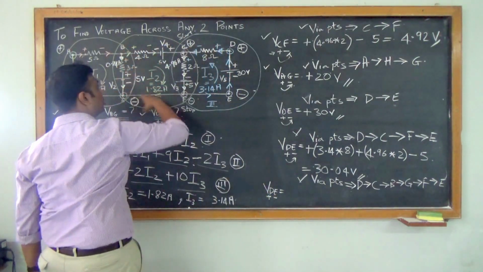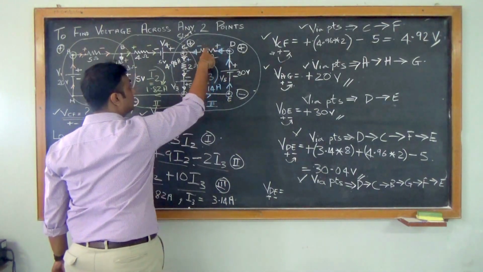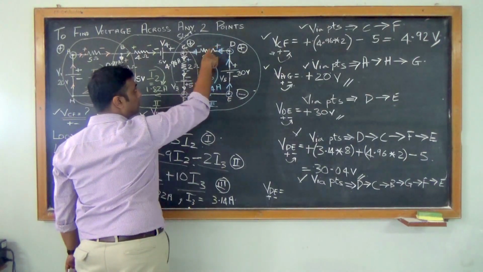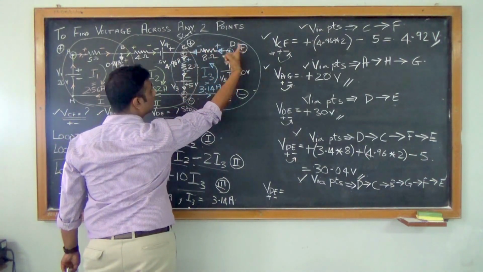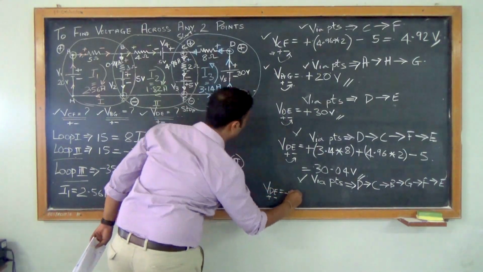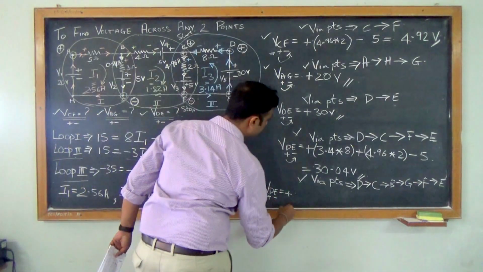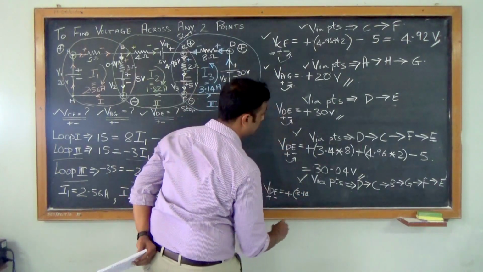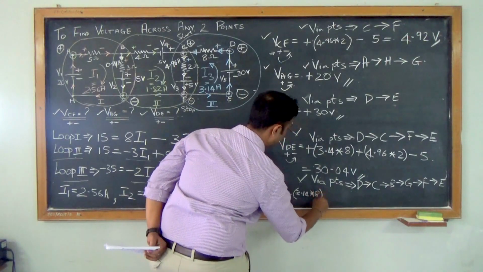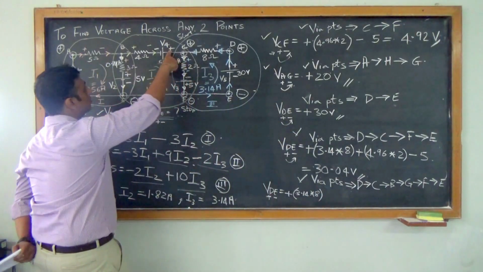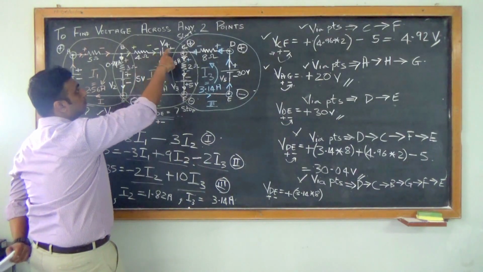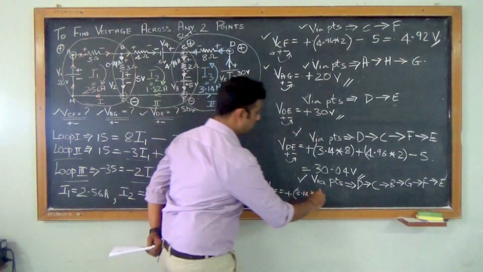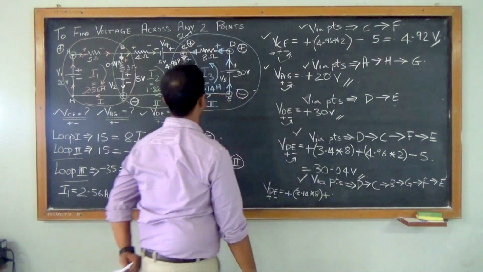So taking this long loop, the first terminal that it comes across is your 8 ohms. The first terminal of your 8 ohms is positive. So positive into positive, positive. What is the current? 3.14 into 8. Then what is the first terminal of V4? Positive. Again, multiply both the terminals. Positive into positive, positive.